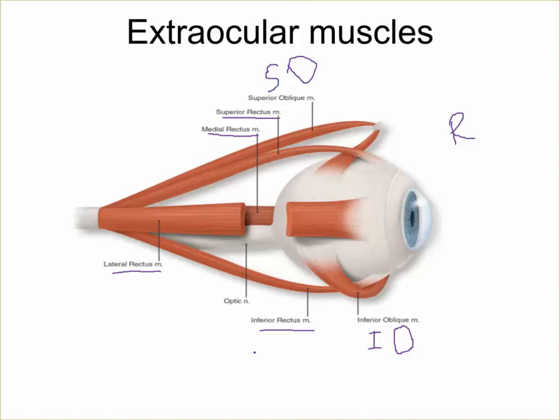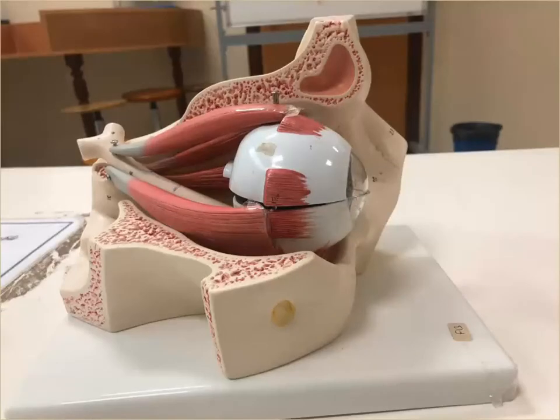Moving on, we can see all this in this specimen. This will be the superior rectus here. This is not very clear, but this is the superior oblique here.